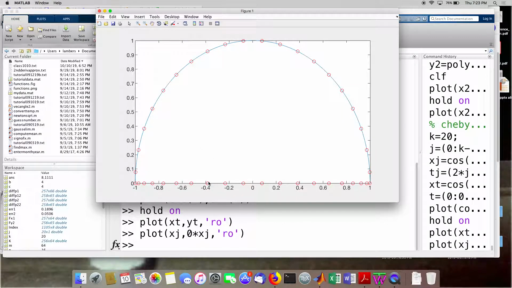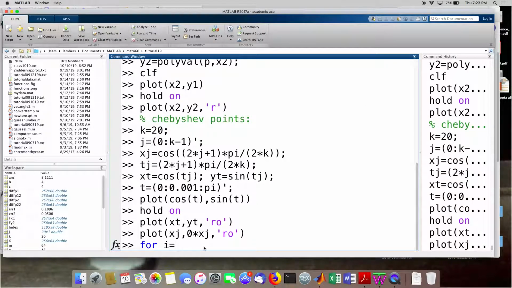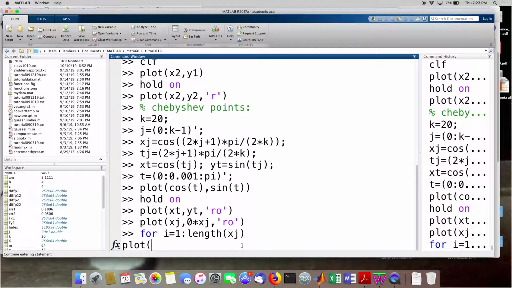So each one of these points on the x-axis is obtained by taking one of these points that's sitting on the circle and drawing a vertical line down to the x-axis. In fact, that's what I'll do really quick. For each one of these points, I'm going to plot a vertical line.